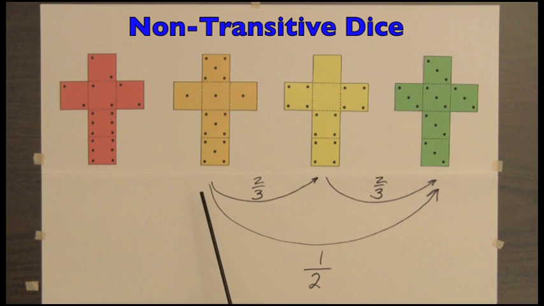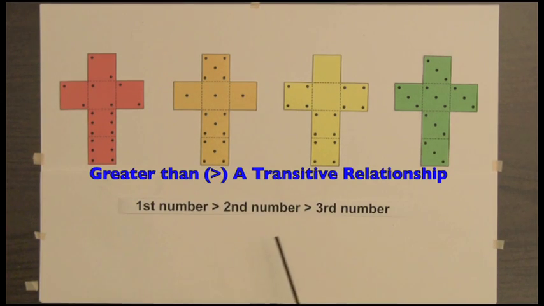So just because one die beats the second die most of the time, and the second die beats the third die most of the time, we can't conclude that the first die will beat the third die most of the time. Because of this, these are called non-transitive dice. Here is an example of a transitive relationship.